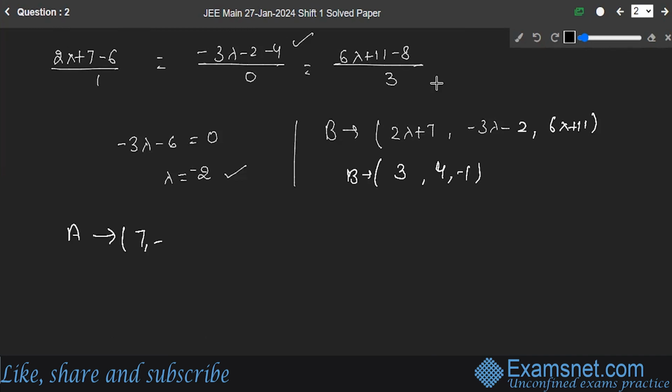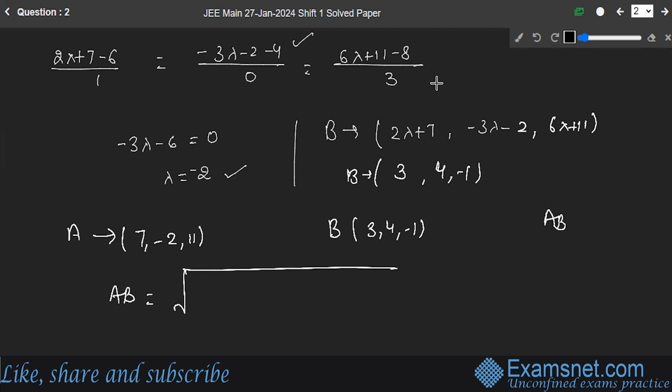So A had the coordinates 7, minus 2, 11. B is having 3, 4, minus 1. You have to find out what AB is. AB is given by root of (7 minus 3) square plus (4 plus 2) square plus (11 plus 1) square.